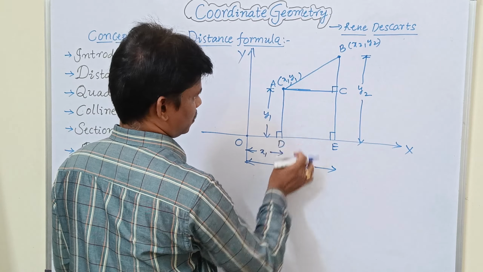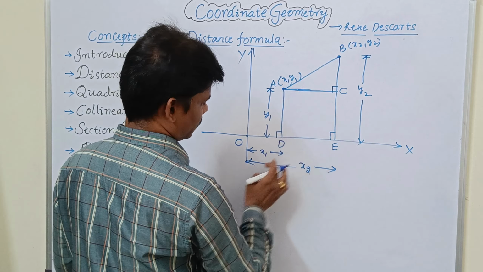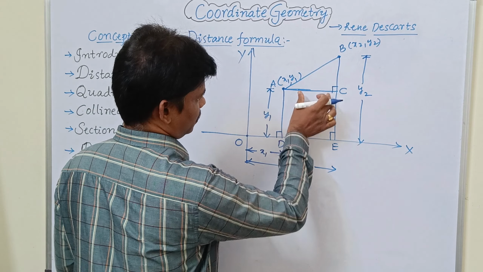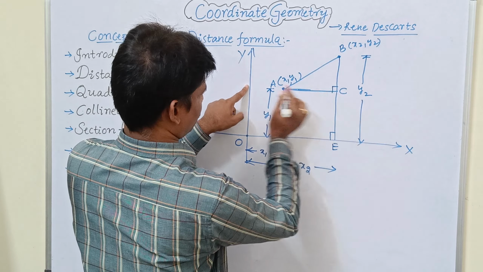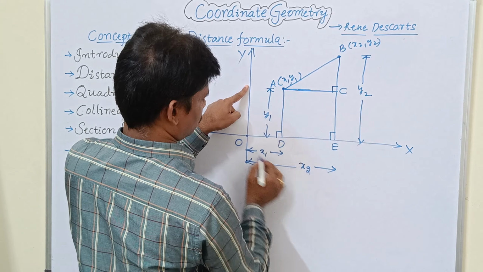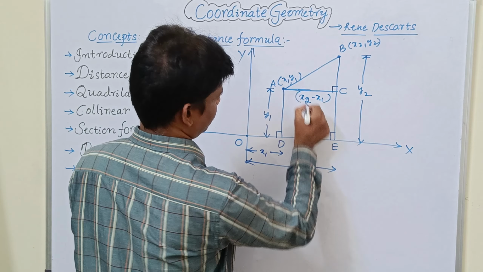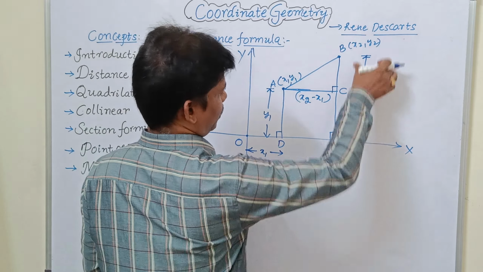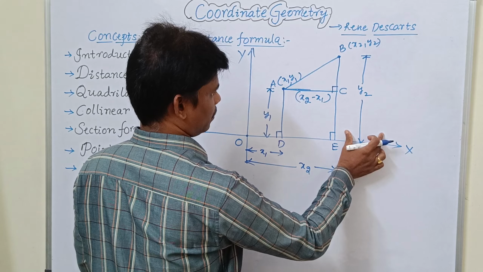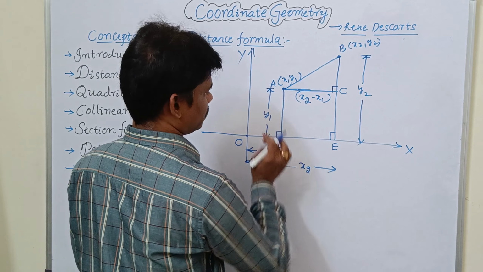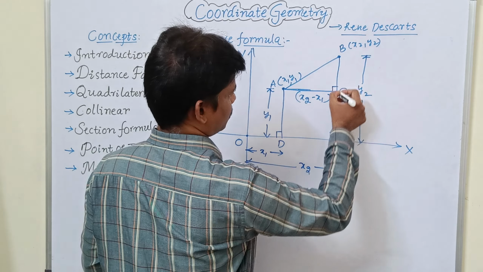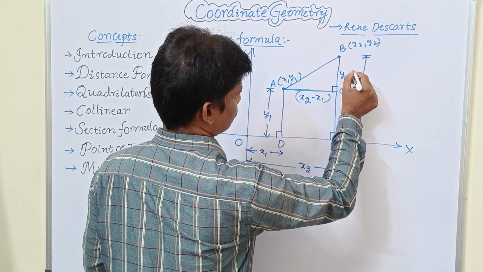It is parallel to the x-axis. So the total distance here is x2, this is x1, so x2 minus x1 is this distance. In the same way on the y-axis, the total distance is y2 and this is y1, so this distance is y2 minus y1.